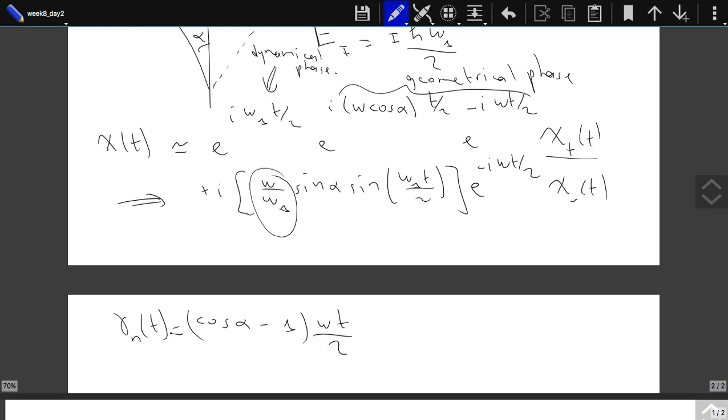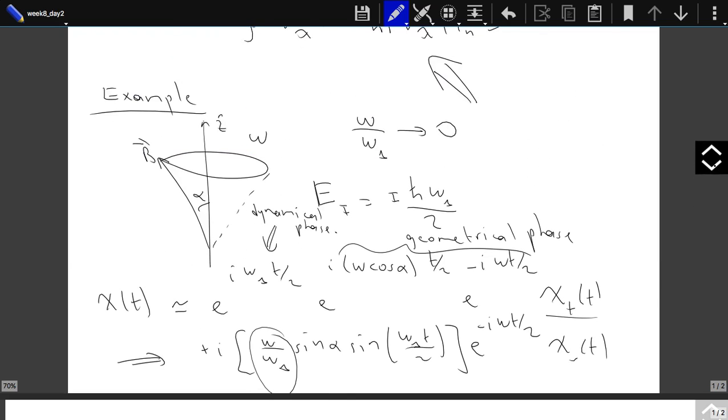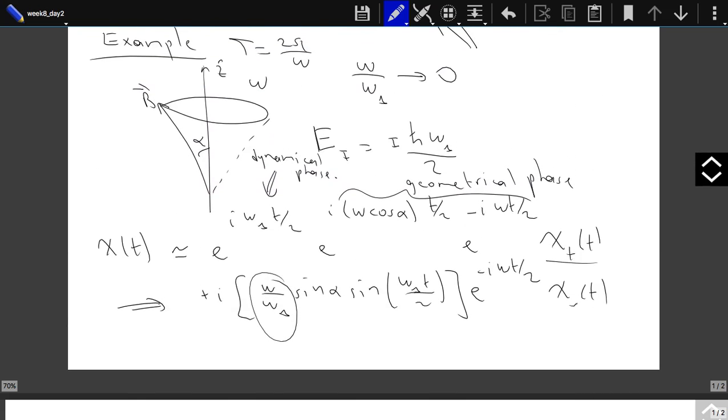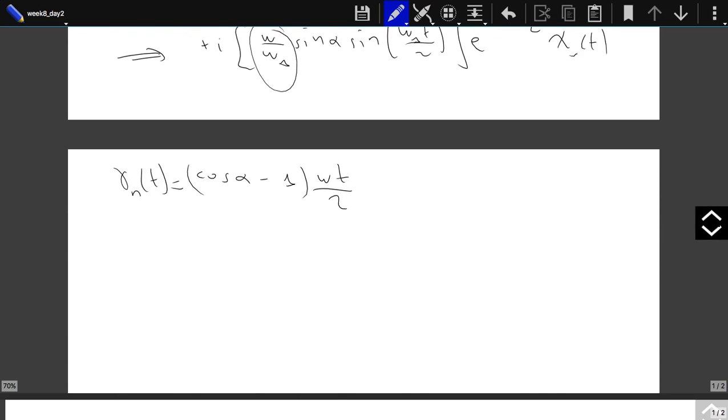One full circle, or the period of this rotation of the magnetic field, is 2 pi over omega. So after 2 pi over omega, we have the initial Hamiltonian that we started with. So gamma n is equal to cosine alpha minus 1, omega over 2, times 2 pi over omega. So this is our Berry phase.